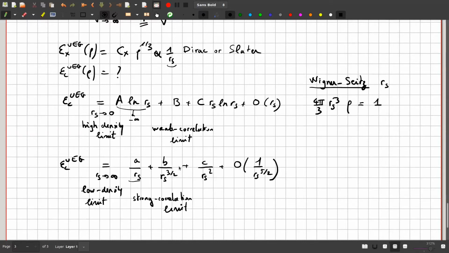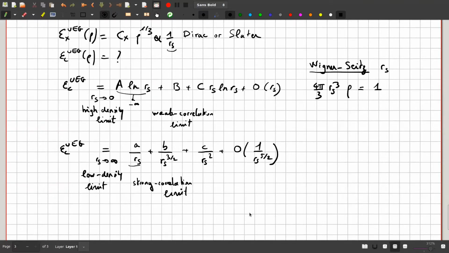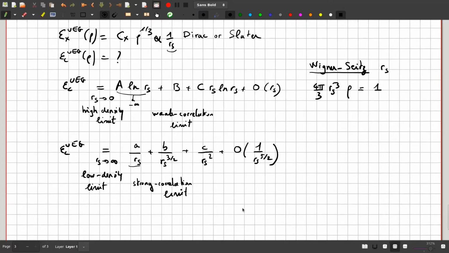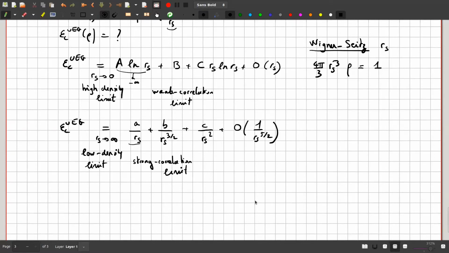Anyway, so we know these expansions, and in between we can do numerical calculations. We can do, for example, quantum Monte Carlo calculations. And at the end, the results are fitted to functions that fulfill these expansions. And there are two main parameterizations for the correlation energy in LDA.